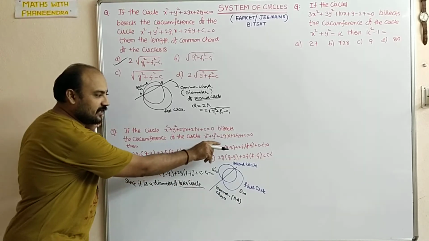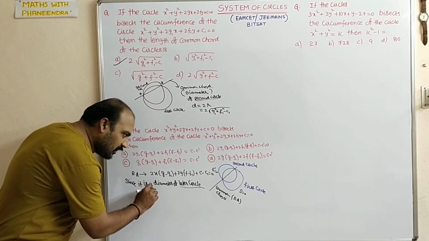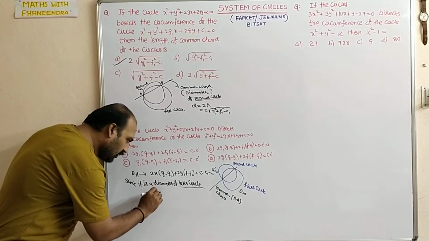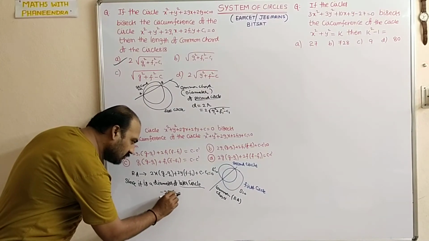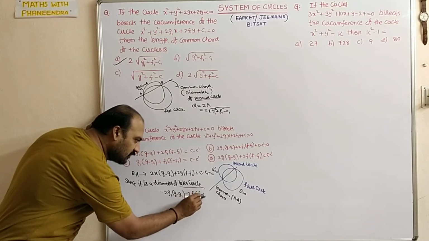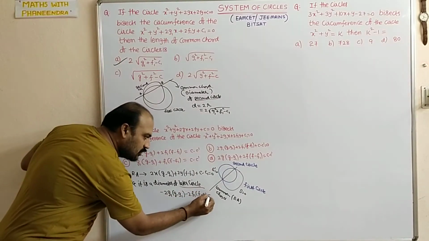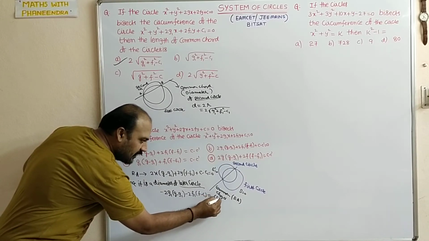So the later circle center is (minus g1, minus f1). Substitute here. So it becomes minus 2g1 into (g minus g1) minus 2f1 into (f minus f1) is equal to minus of (c minus c1).